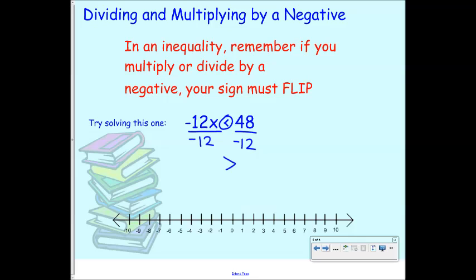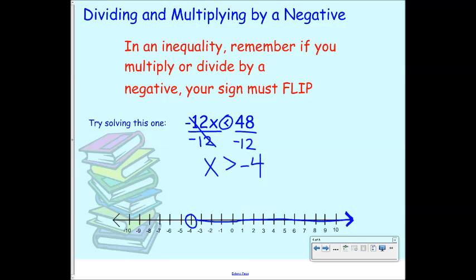So I divide by negative 12 on this side, x goes by itself, and then I divide by negative 12 on this side, and I get negative 4. So x is actually bigger than negative 4, which means I'm going to put my open circle at negative 4, and then my arrow is going to go to the right because x is all the bigger stuff.